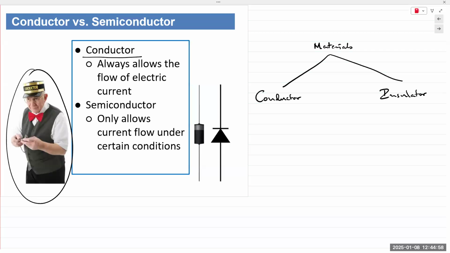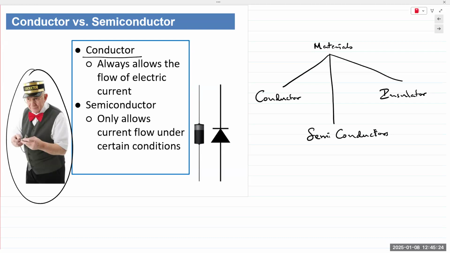And then there's a third class of materials, which we classify as semiconductors. Semiconductors will only permit the flow of electrons under certain conditions.